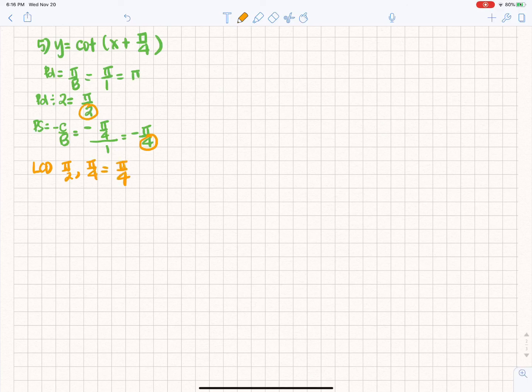So you're going to count by pi over 4: 1/4, 2/4, 3/4, 4/4. Oh, I forgot, we're going to graph from 0 to 2 pi. 5/4, 6/4, 7/4, 8/4 is 2 pi.